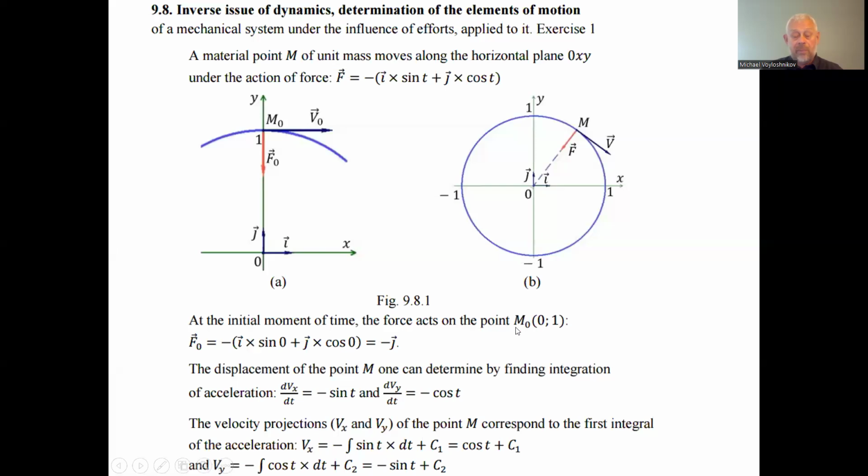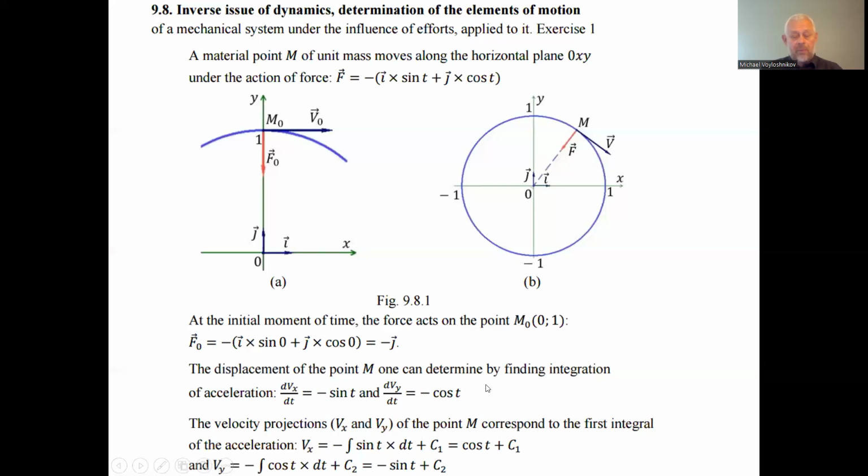This is the coordinate of the point 0, 1, the coordinate of the point in the initial time moment when the time equals 0, and this is a force. Force equal to minus j, directed; the magnitude of the force F0 in the initial time moment is as well 1, but because we consider the vector assignment of the force, that is the direction of the force in the units of the orts of the ordinate axis j.